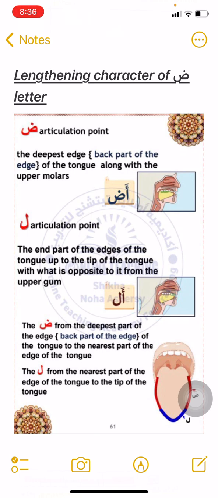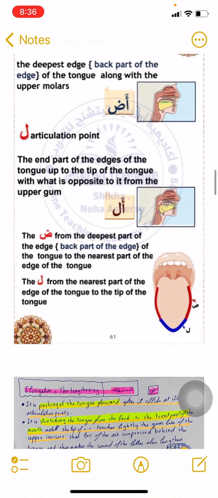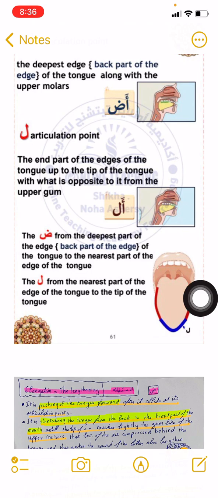This makes the sound of the letter also lengthen. Here, this is the edges of the tongue, the back part of the edges of the tongue makes ض, and the front edges make lam.